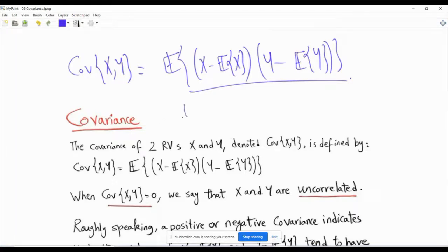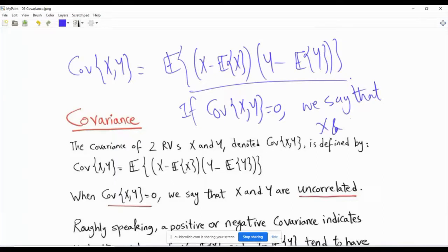If the covariance of x and y is equal to 0, we say that x and y are uncorrelated. So if I give you a problem and say that x and y are uncorrelated, you understand this to mean that if you compute the covariance of x and y, you will get exactly 0.